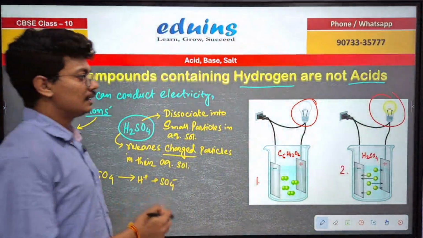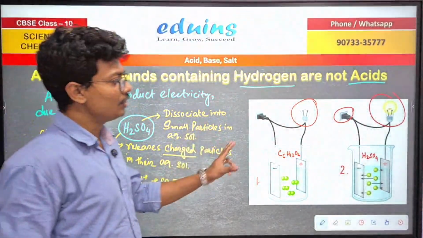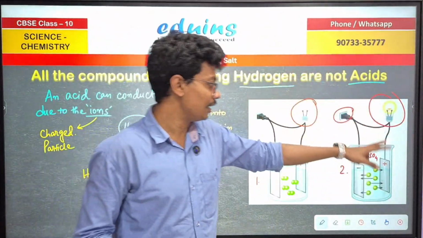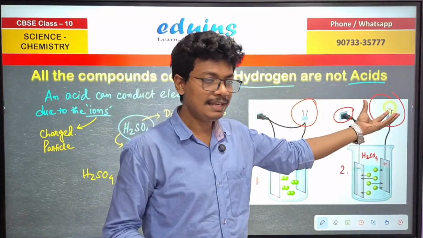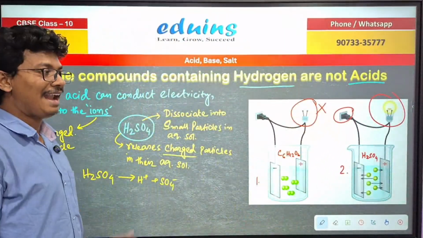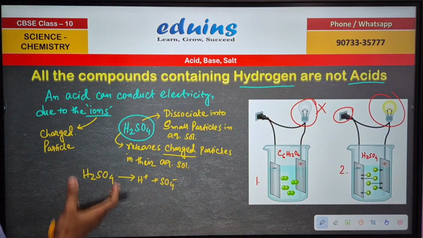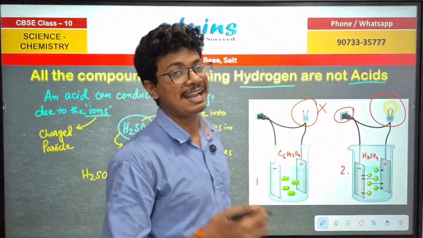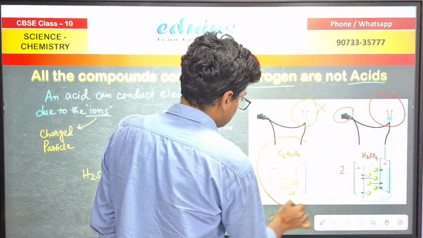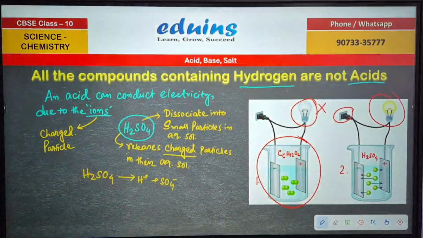When we start the electricity, we will observe that the bulb attached with the acid solution will glow, but in case of glucose solution it remains off. Based on this observation we can conclude that the solution of an acid can conduct electricity, but a hydrogen containing compound like glucose cannot conduct the electricity, right?